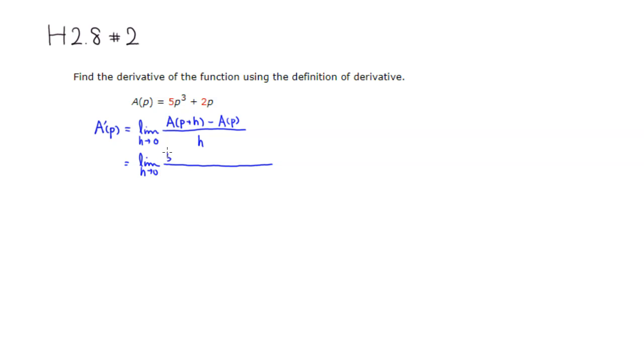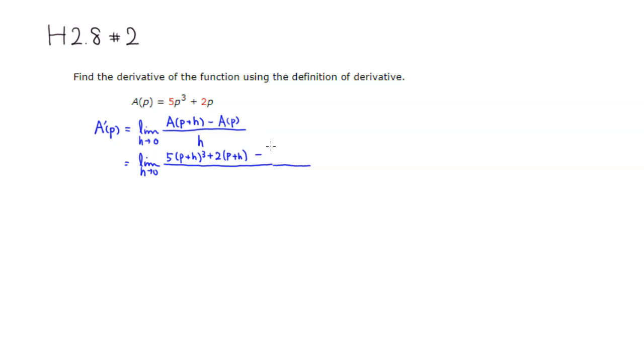So we have 5 times (p plus h) to the third power plus 2 times (p plus h). That's A of p plus h, and then minus.